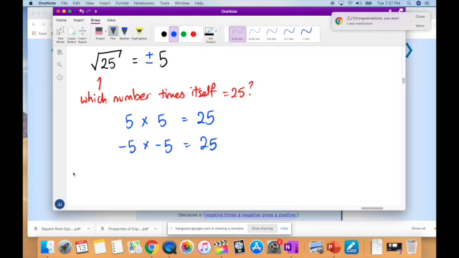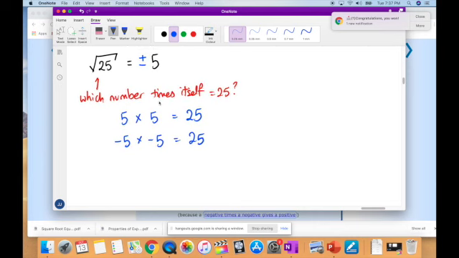But which number times itself? And so that means that if I have a positive number, I'll have to multiply it by itself. Therefore, a positive times a positive gives me a positive. If I have a negative number, then a negative times a negative is also positive.